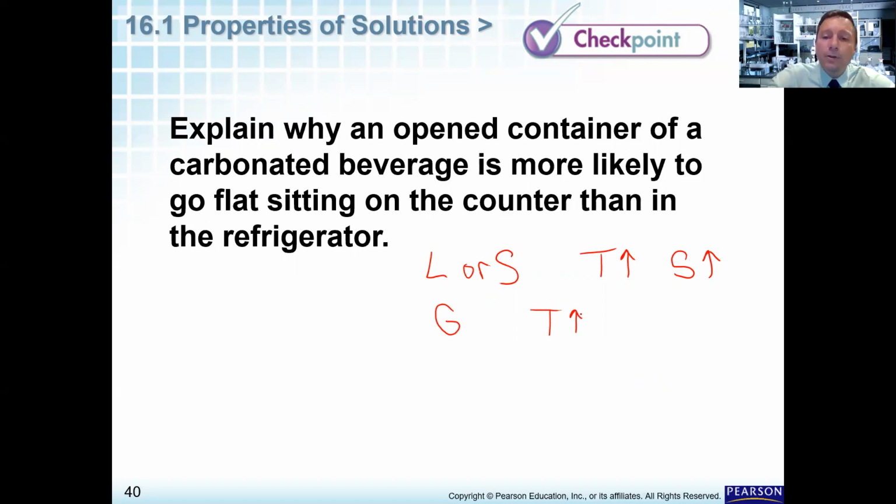So the solubility actually goes down for a gas in higher temperature. So for gas, if the temperature is low, the solubility is actually going to be higher. Think about why. If you have a liquid and you have the temperature low, that means the molecules are not moving as fast.